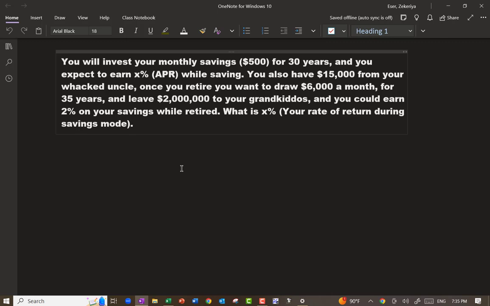Now I have to modify my salary. Now I know I can save 500 a month. I can earn 8% for the next 30 years. I'm starting with 15. I'm not going to leave anything to the grandkids. So let's do this.